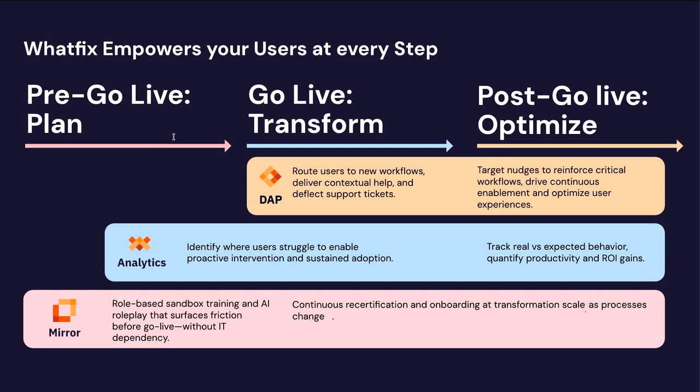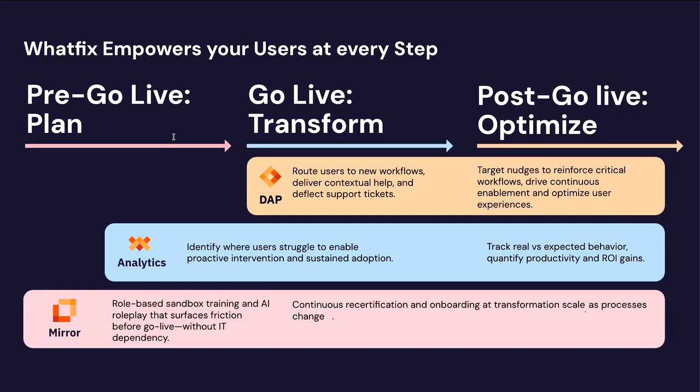Especially for you in L&D, in enablement, you usually get involved already before that change, what we call the pre-go live phase, where you're responsible to prepare the learners for what's coming. It might be a new Salesforce rollout, a new module, an S/4HANA transformation, but it can also be just some change within that application that you have to prepare them for.